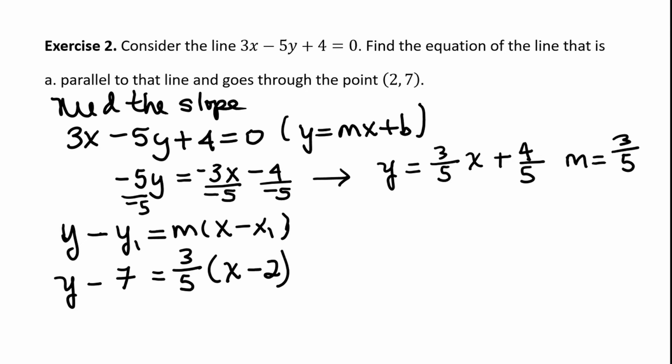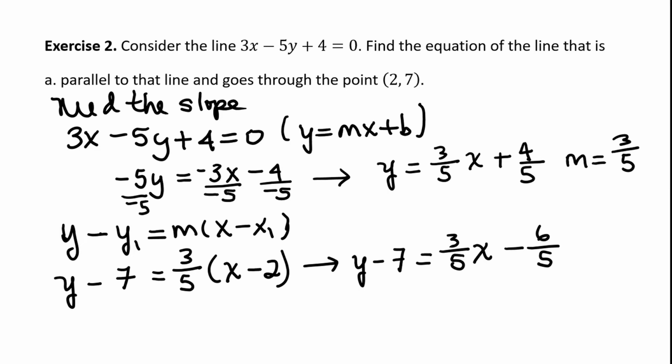Let's clean this up a little bit. We get y minus 7 is equal to, distributing the 3/5, 3/5 x minus 3/5 times 2 is 6/5.